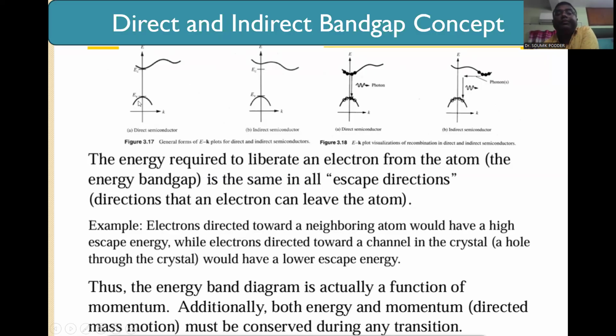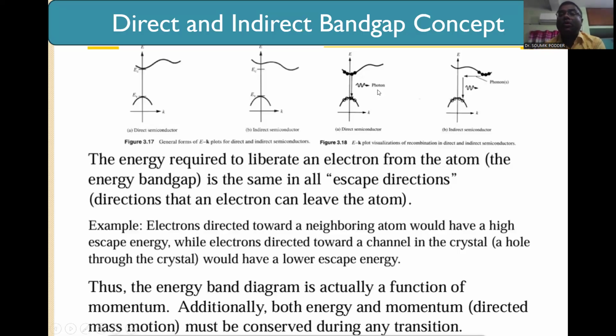So when that is the case, the electrons which go to the conduction band due to the incident photon energy will directly come back to the valence band by recombining with the holes. When they directly recombine with the holes, energy is radiated or emitted.